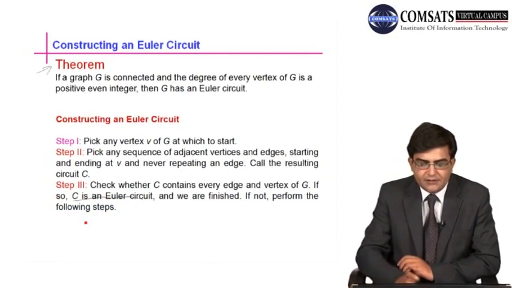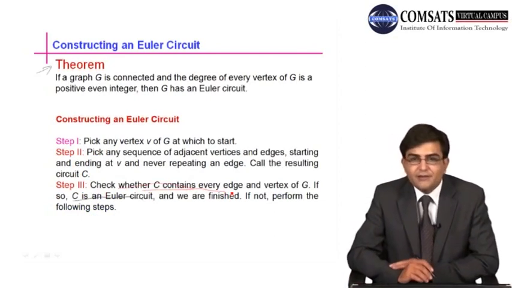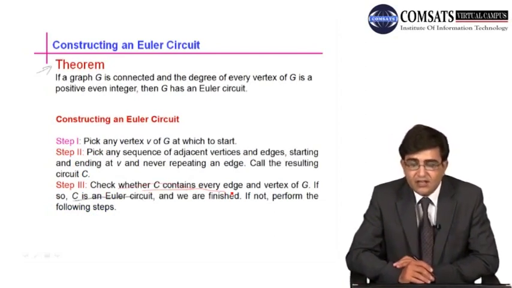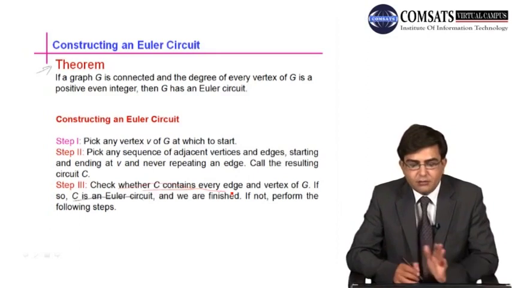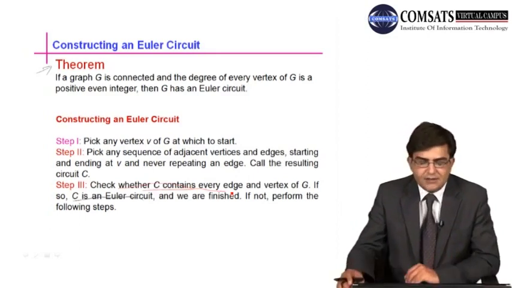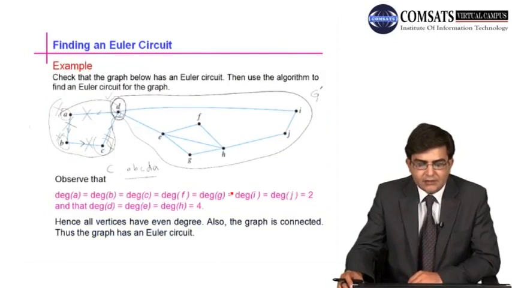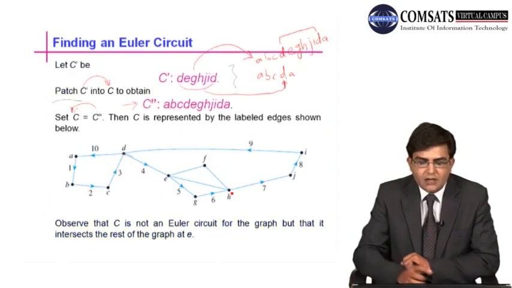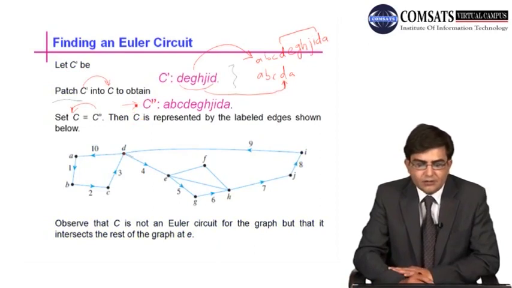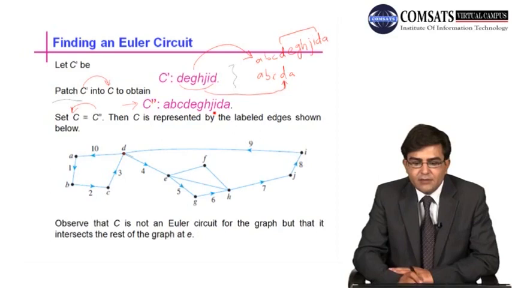What is step 3? Check whether C contains every edge and vertex of G. If so, C is an Euler circuit, and we are finished. If not, perform step 3 A, B, C, D, E again. So now we check whether this circuit C double dash, which we call C, contains every vertex and every edge of the graph.